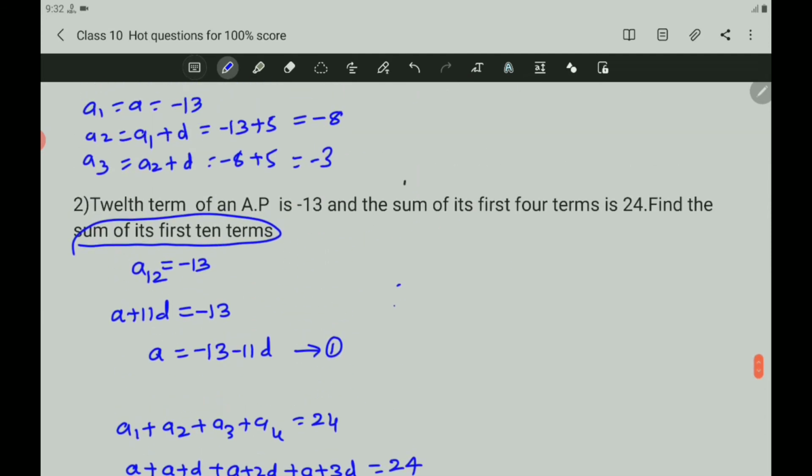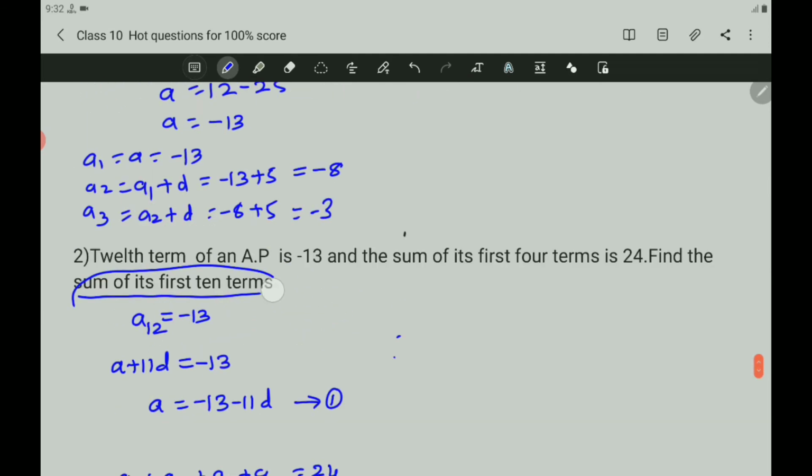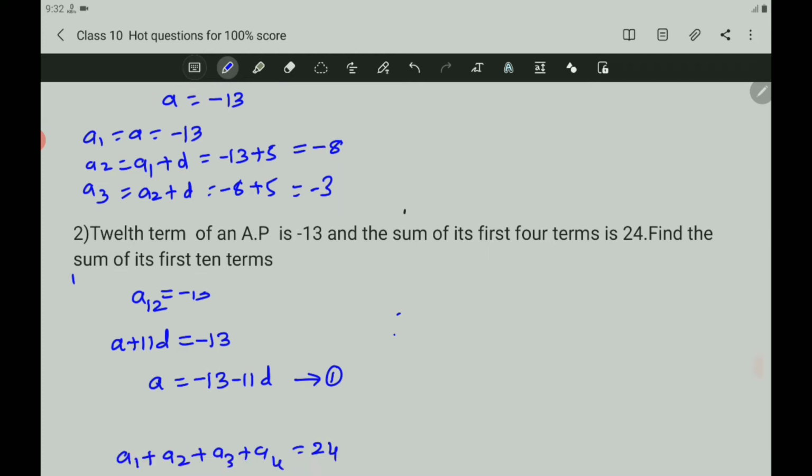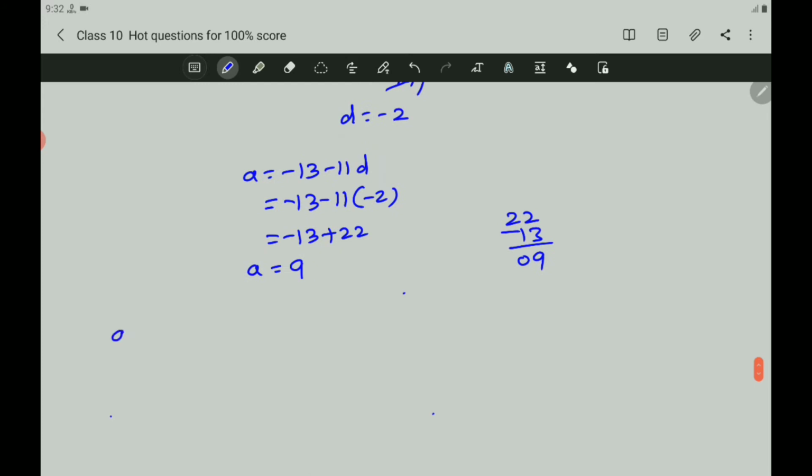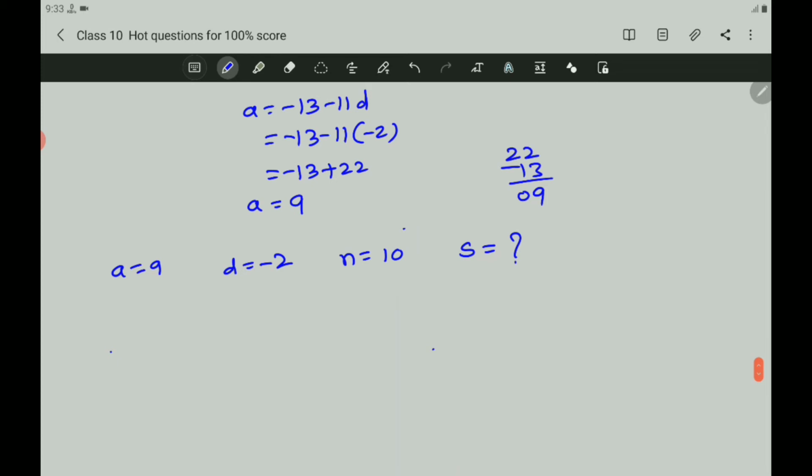Here what do we have to find out? We have to find the sum of the first 10 terms. So you write here a equals 9, d equals minus 2, and n equals 10. And what do you have to find out? You have to find out the sum of 10 terms.